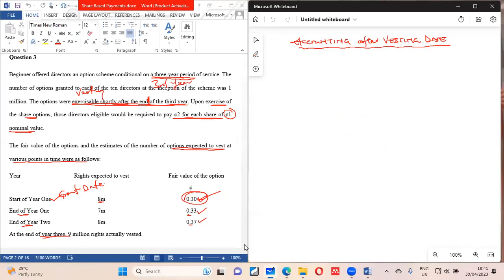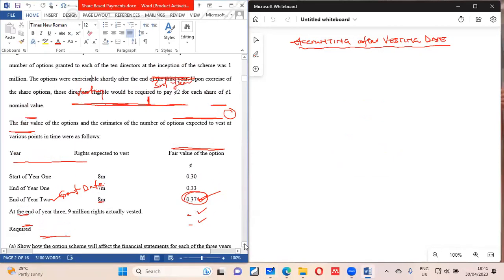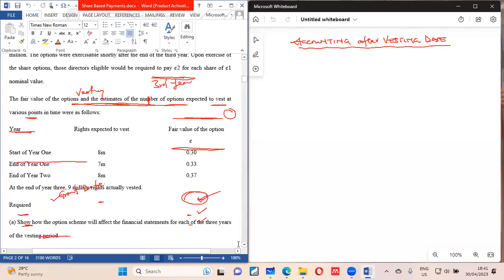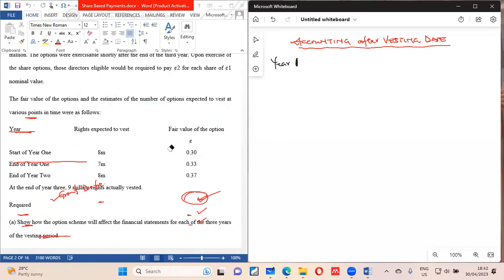Okay. Now, we moved on to the requirements of the question. The requirement says that we should show how the option will affect the financial statements for each of the 3 years. And we did that perfectly. So for year 1, we need to know if any number of people left, which is good for us. Those things were done for us in this question, because the whole thing started with 10 million options.